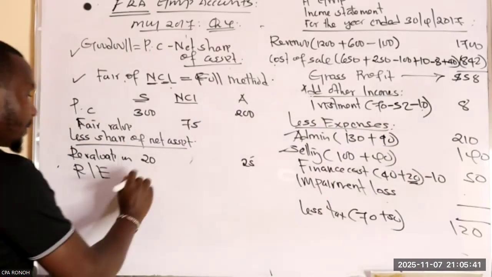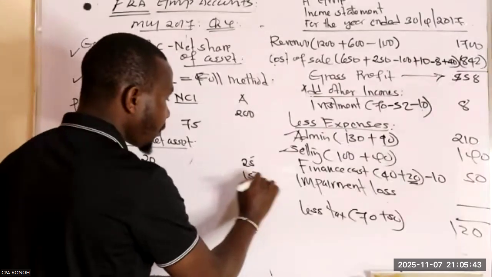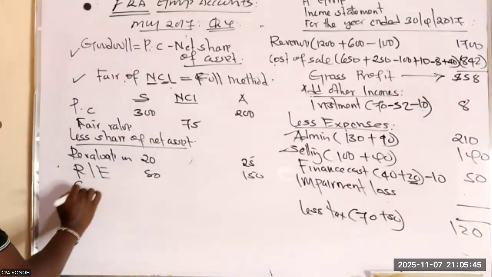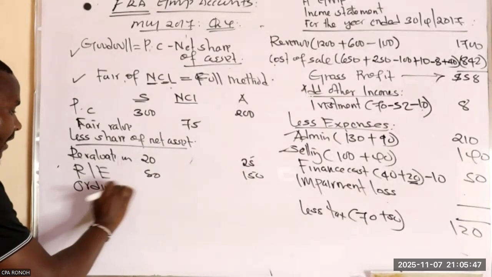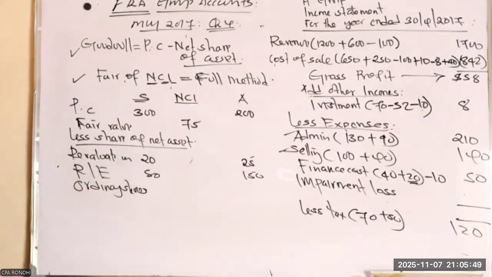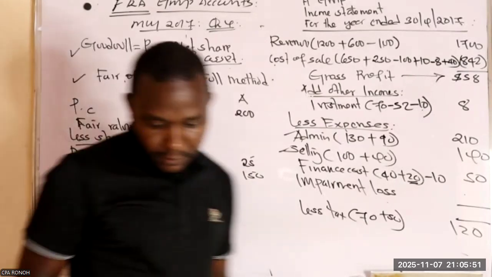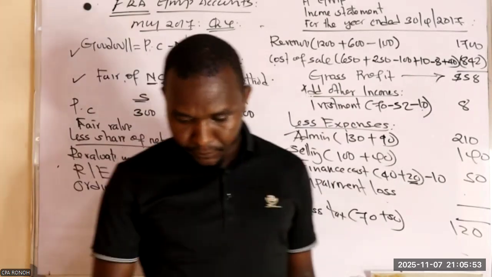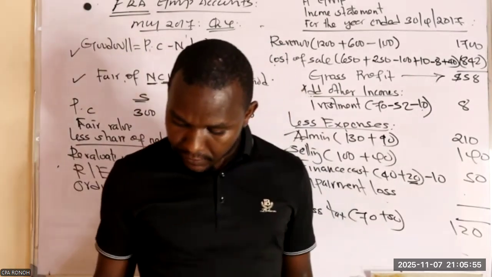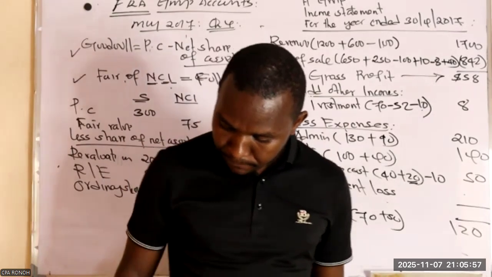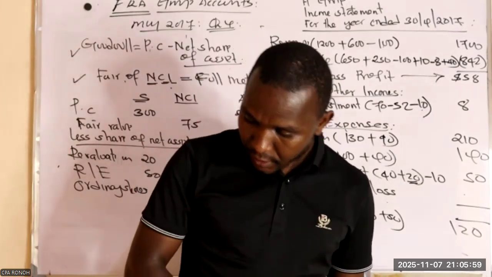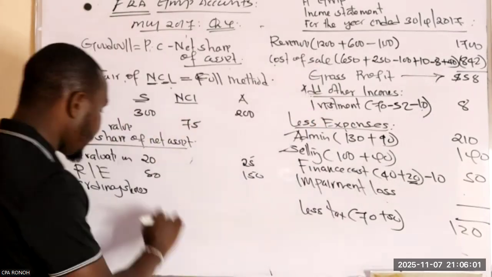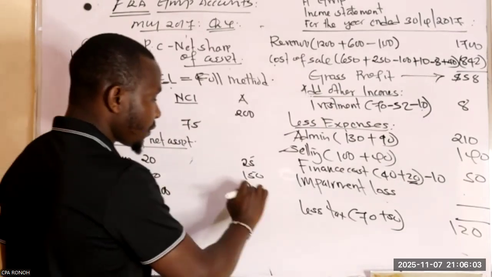80 and 150. Ordinary shares. Just pick whatever we are writing in the balance sheet there. So we have 200 and 200. For Shaka, we have 200 and also 200 here.